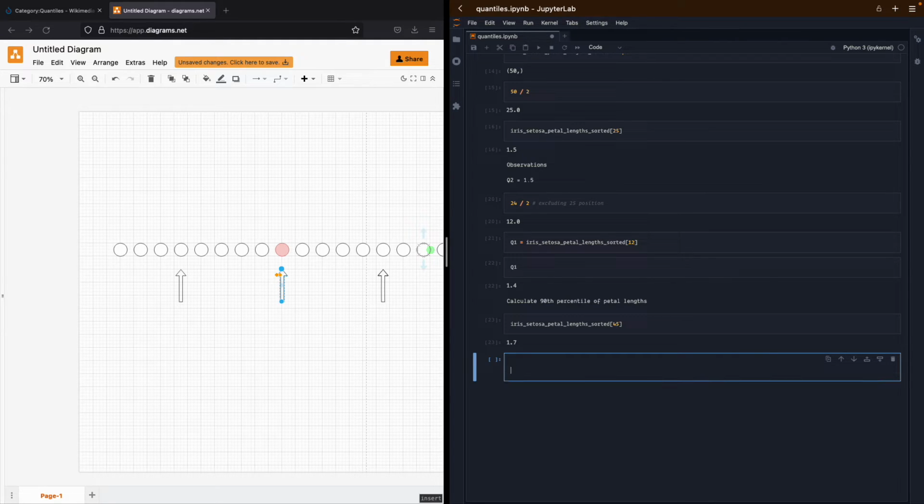So let's say for the 10th percentile, what would it be? In the ideal condition of 100 data points, the 10th percentile would be position 10, but we have 50, so the 10th percentile is going to be 5. So our iris sorted at 5 is our 10th percentile.